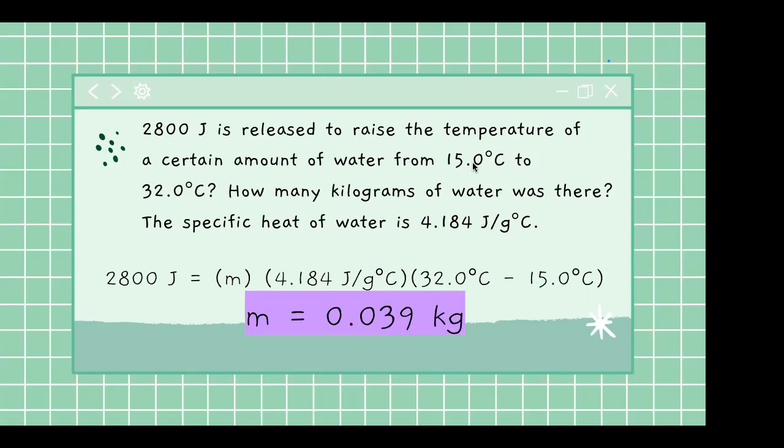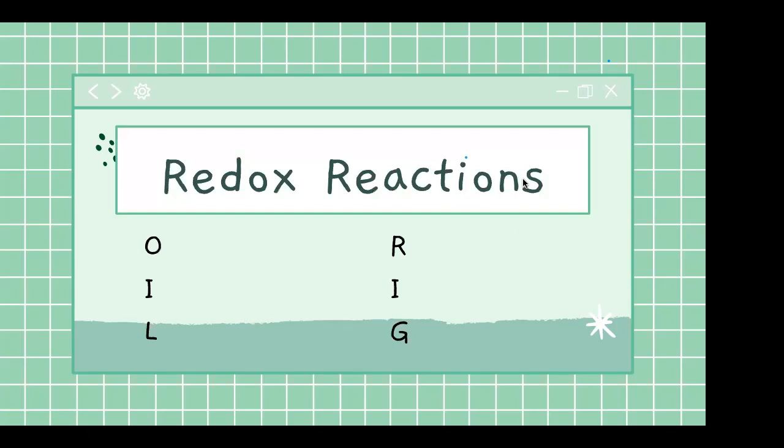Okay, cool. I see most of you have your thumbs up. That's great. So we can move on to redox reactions. In redox reactions, the acronym that you have to remember is OIL RIG. Can anyone tell me what OIL RIG stands for?